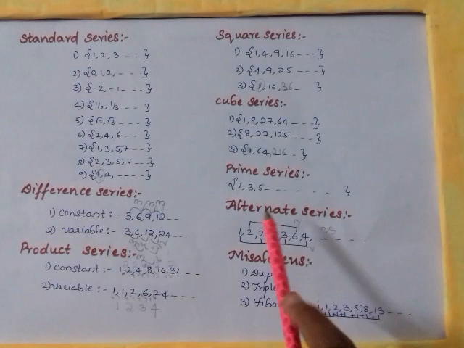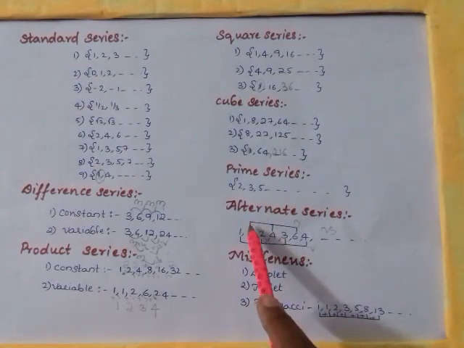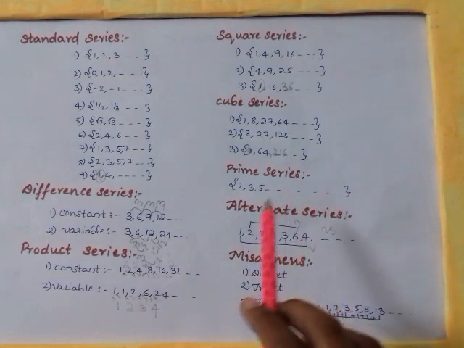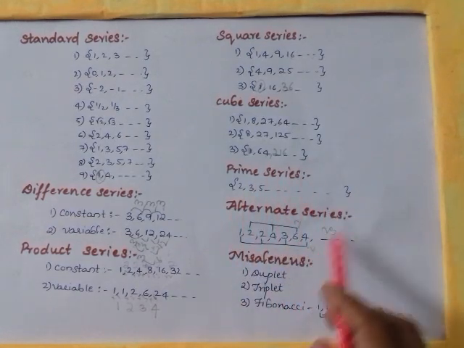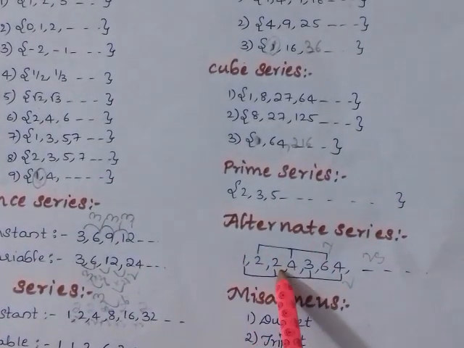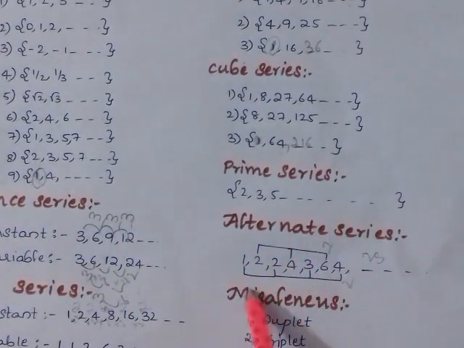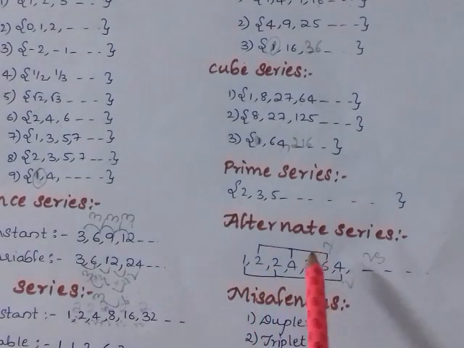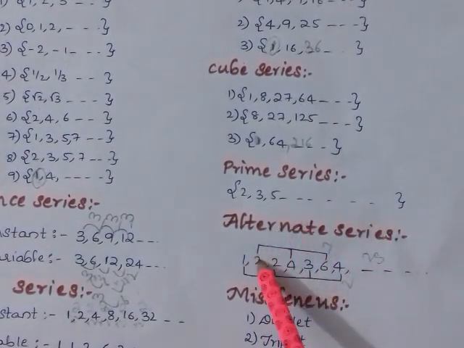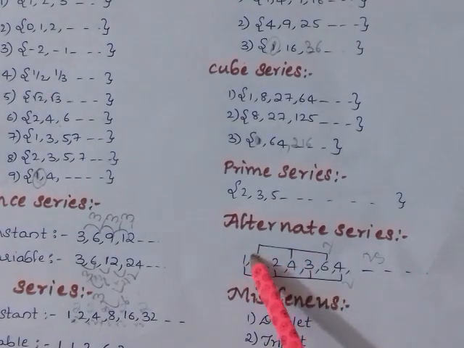Next, alternate series. The alternate numbers that form a separate series from the complete series are known as alternate series. Here 1, 2, 3, 4 are the alternate numbers which form a separate series of consecutive natural numbers from the whole series. Next, the other three numbers are 2, 4 and 6.